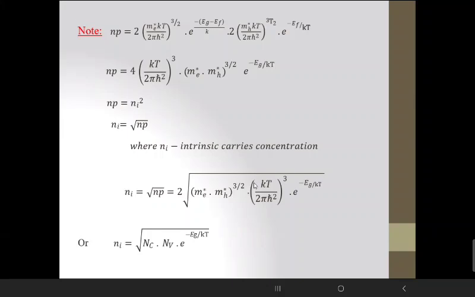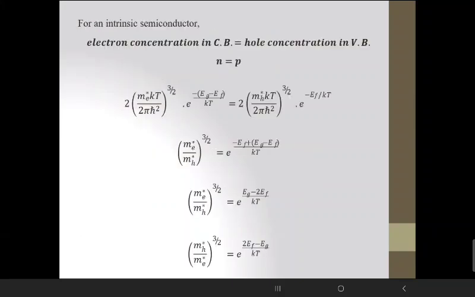So very simple, you don't need to worry about it. When you are looking at these equations, it may seem difficult, but there is nothing, you just need to do small mathematics. So Nc, Nv into exponential of minus Eg over kT. And for intrinsic semiconductor, you know this: number of electrons is equal to number of holes, no?